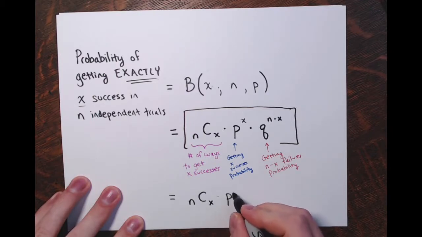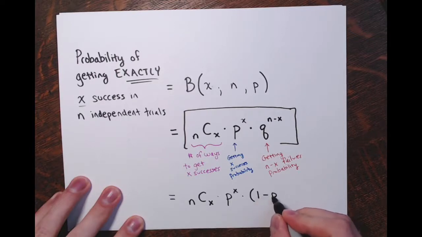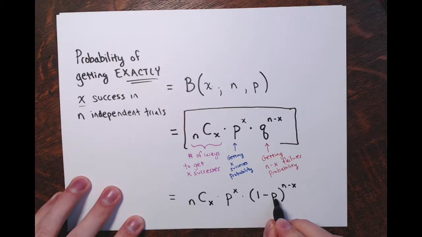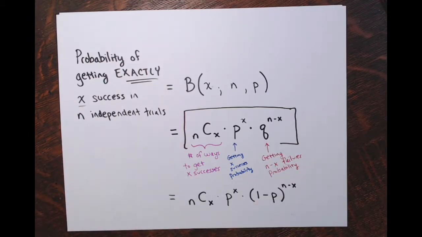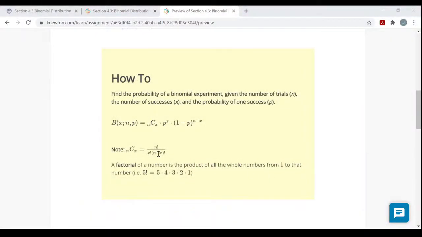Times P to the X times, and then they have 1 minus P in parentheses to the N minus X. But remember, 1 minus P is that Q. 1 minus P would be the probability of failure. And they also refresh our memory as to what N choose X was in the factorial notation. Again, this is from chapter 3. I'm expecting you to know this already.